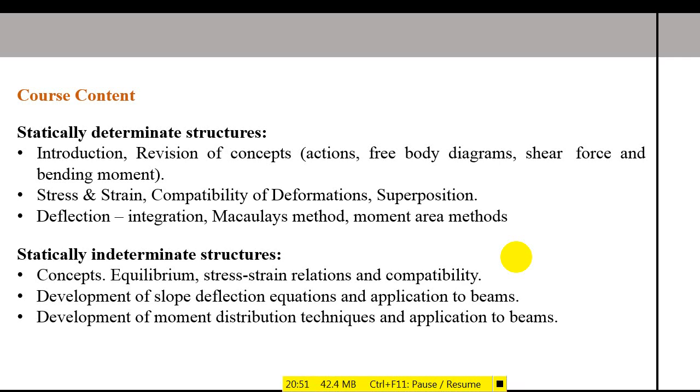You can fall in the second category, that you have some interest in civil engineering. You have seen some civil engineering works, and then that's why you are here.